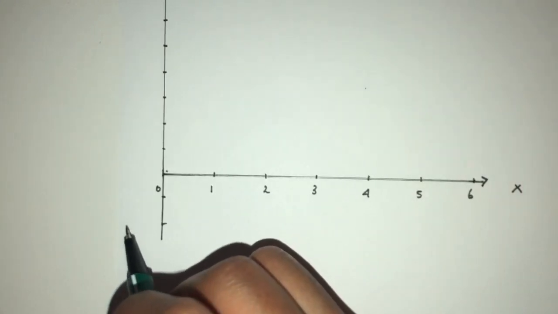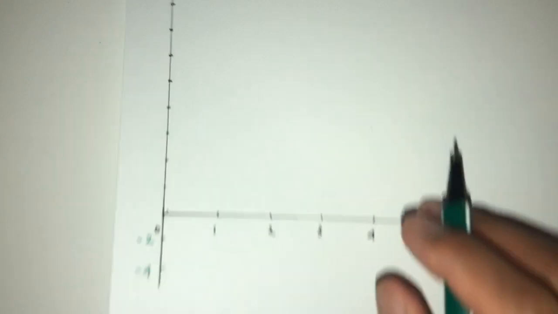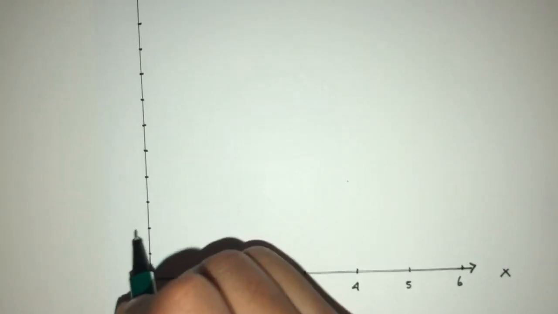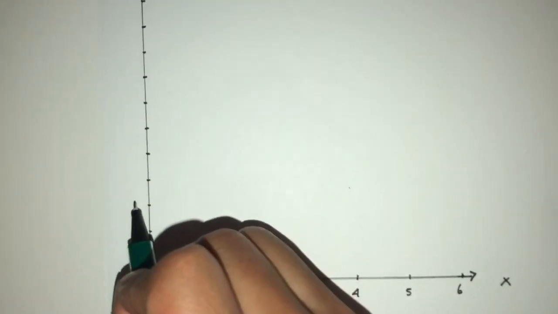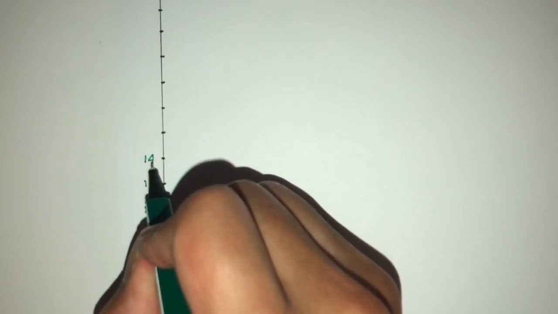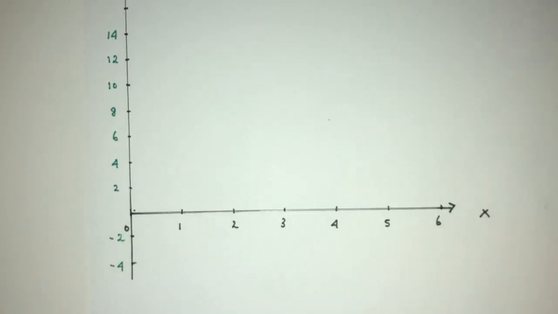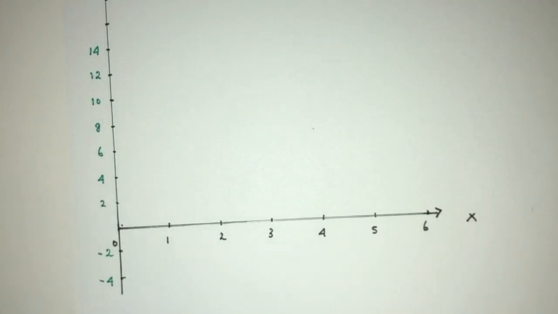That will be the value of -4 here, here we have -2, then 2, 4, 6, 8, 10, 12, 14. I'll stop right here so that we can see the whole graph on my video. That's the main idea behind this.